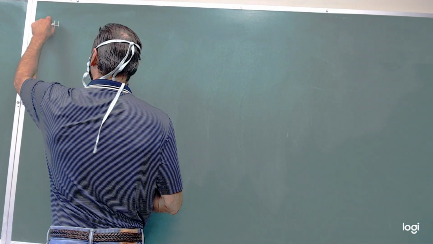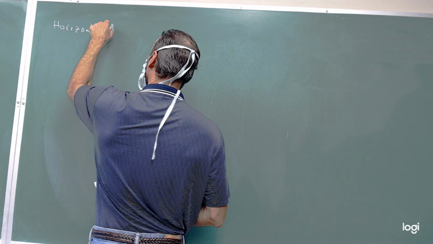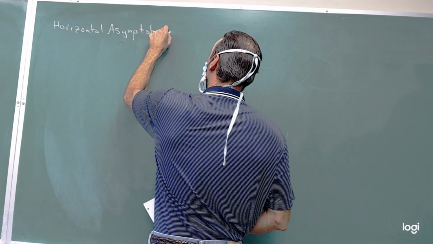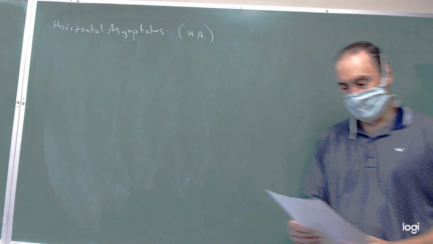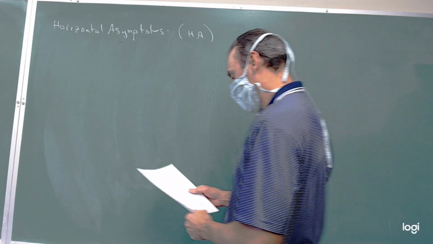So we're going to talk here about horizontal asymptotes. And I will abbreviate these because I get tired of writing out horizontal asymptotes all the time. So I'm going to call that just an HA. And then we'll also talk about vertical asymptotes, and I'll abbreviate them as VA oftentimes as well.